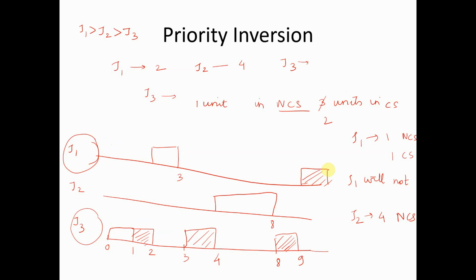That is, since it requires this shared resource, it has to wait for a very long time. If you see J2, the medium priority task, it gets executed. Why? Because it only needs CPU. But when J1 requests the shared resource, since that shared resource is acquired by J3, which is in critical section, J1 has to wait for a very long time. So in this case, we say that the priorities are getting inverted.